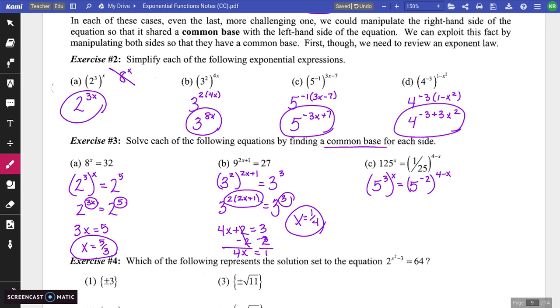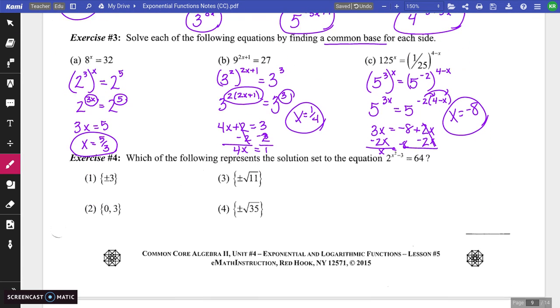All right, so this would be 5 to the 3x equals 5 to the negative 2 times 4 minus x. So again, I'm going to put my exponents equal to each other. So 3x equals, I'm going to go ahead and distribute, negative 8 plus 2x. So I'm going to move my 2x. And x equals negative 8.